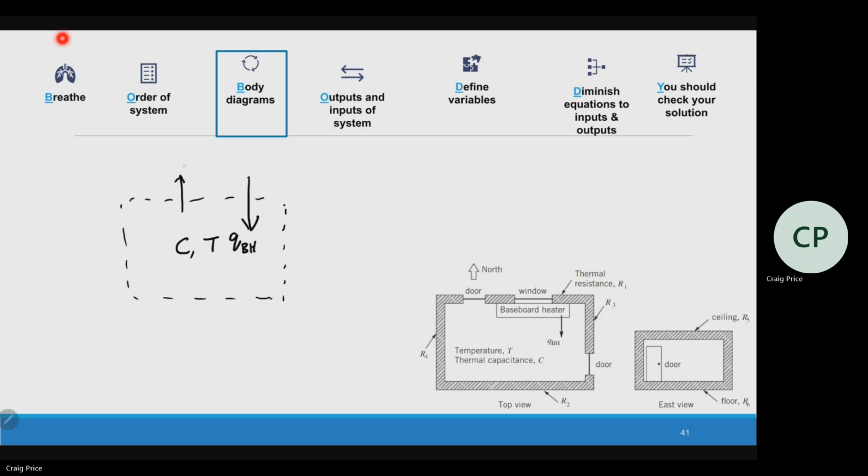So there's going to be a Q1 across R1, a Q2 across R2, a Q3 across R3 and a Q4 across R4. There's also a ceiling, so we'll do a Q5 and a Q6.